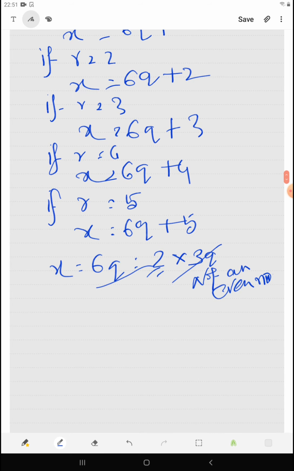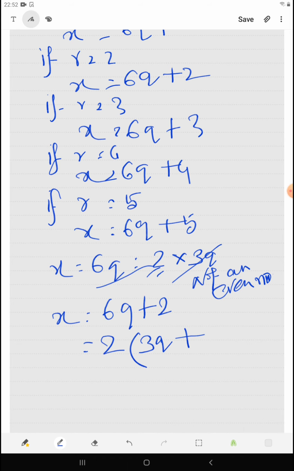Similarly, if we take x equals 6q plus 2, then if you take 2 common, 6q divided by 2 is 3q, since 6 divided by 2 is 3. Then 2 divided by 2 is 1, so I will get 3q plus 1.